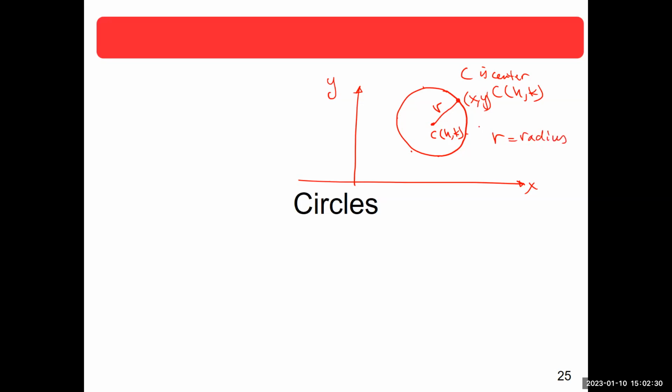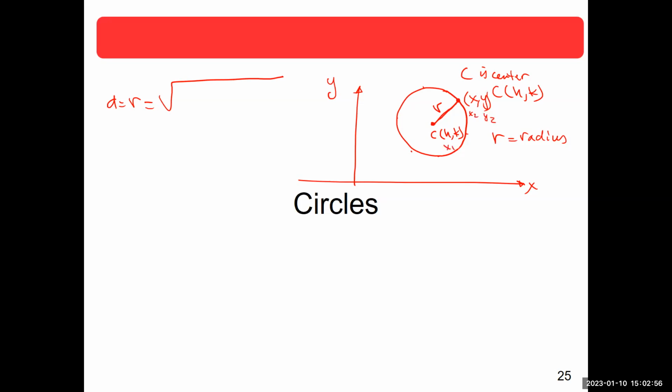Okay. Well, we already learned how to find the distance between 2 points. What is the distance between those 2 points? D, which is R here, R equals square root of, if this is the second point, this is X2 and this is Y2.